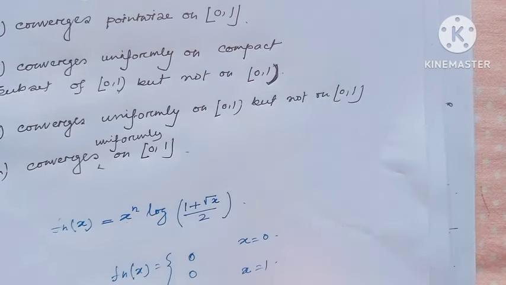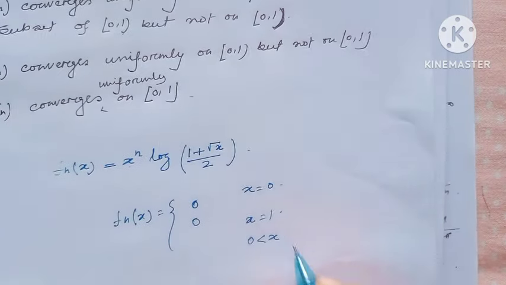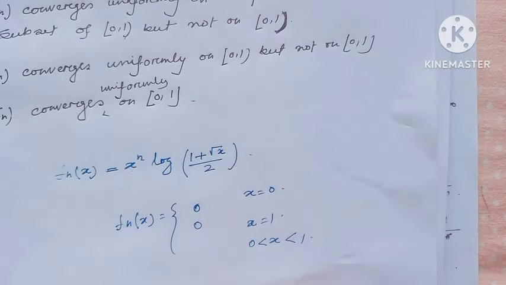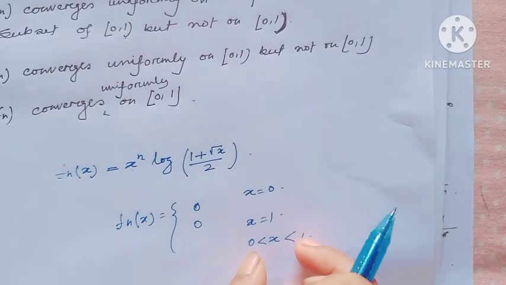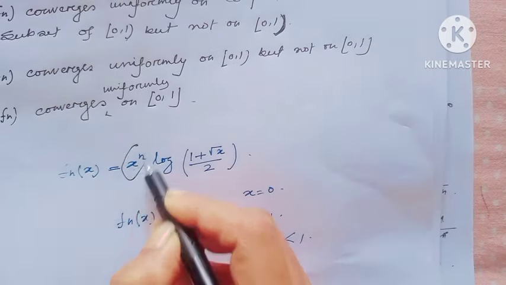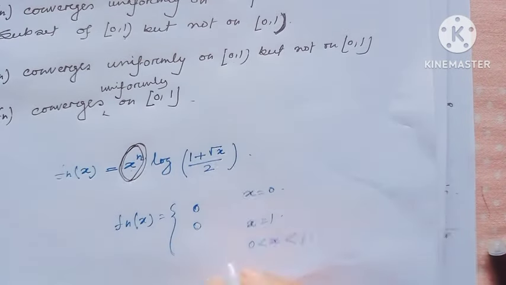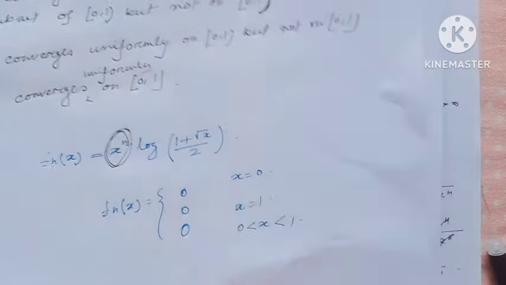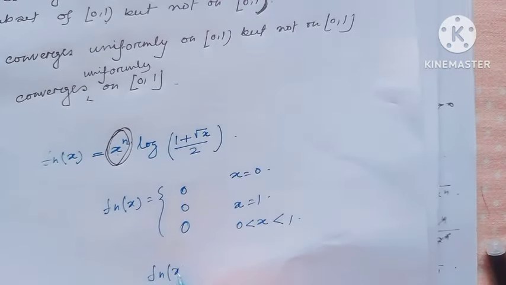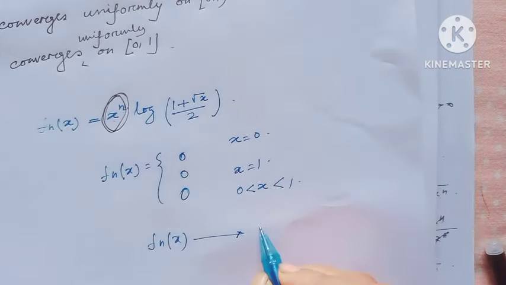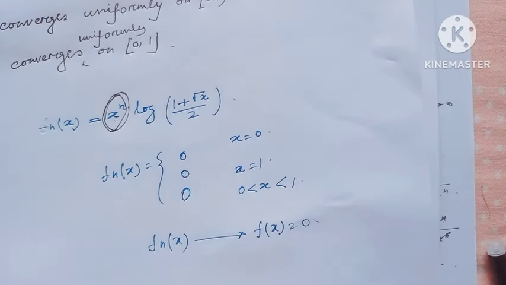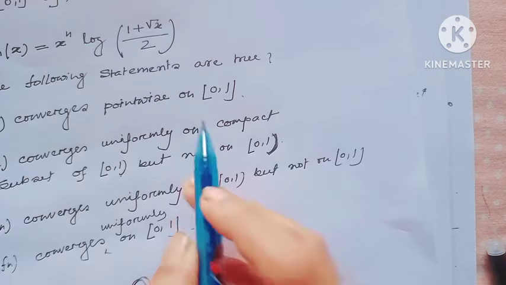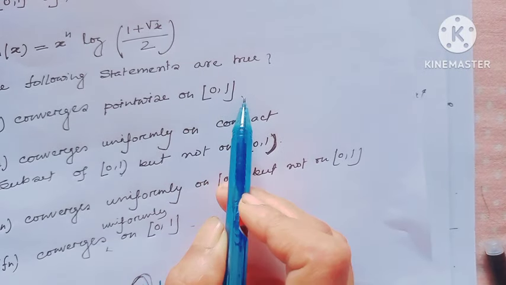And when x lies in the open interval (0, 1), then x^n goes to 0, then the function fn(x) also goes to 0. So actually fn(x) converges pointwise to the function f(x) equal to the 0 function. That means fn converges pointwise on the closed interval [0, 1].